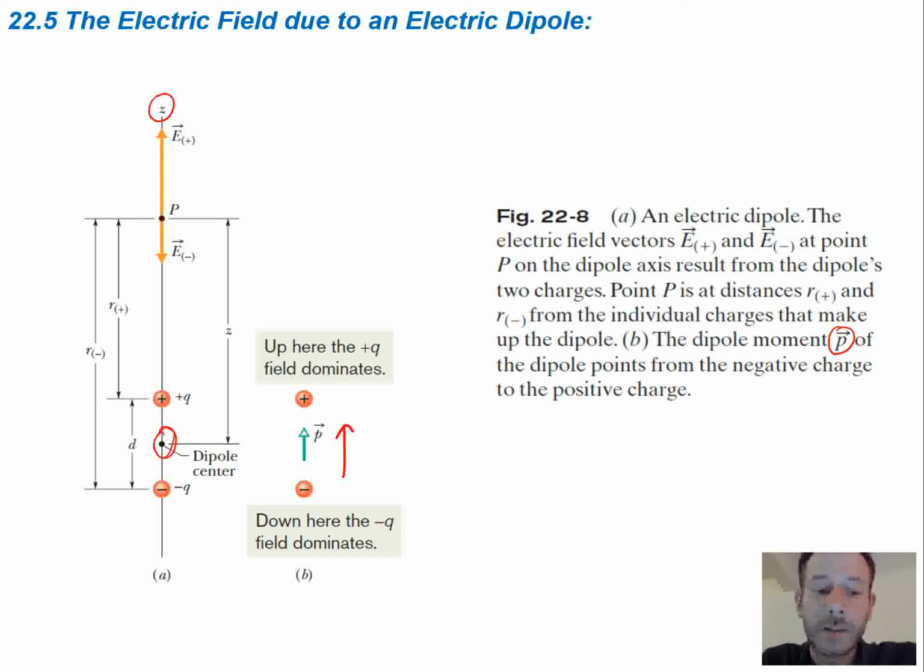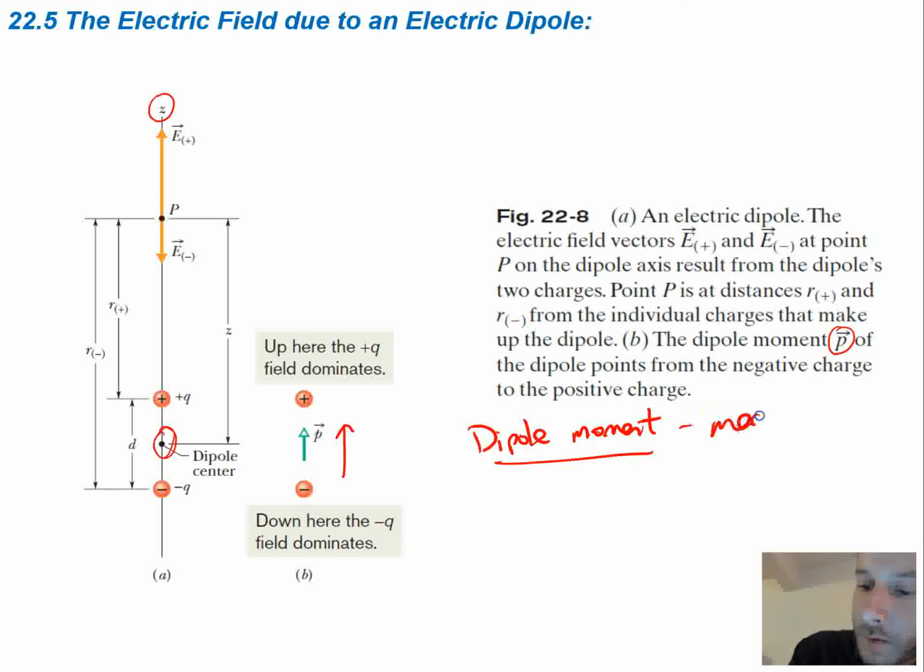So it's a measure of the separation of charge, or it's the measure of the system's polarity. All right, so we have dipole moment. And that's our measure of the system's polarity, or separation of charge.